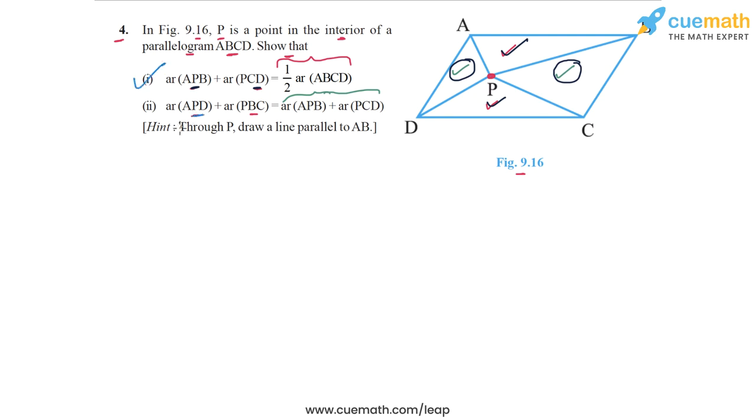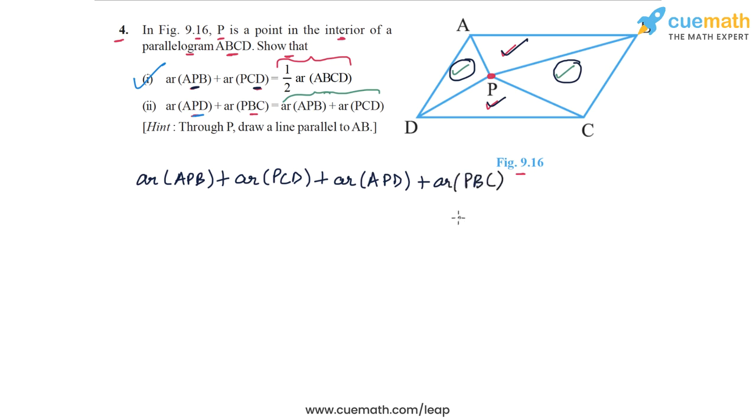And now in part 2, to prove part 2, all we need to do is we make use of the fact that the total of the 4 triangles is the parallelogram. So let's write it. So area of APB plus area of PCD, and then take the other 2 triangles also. So area of APD and the area of PBC.